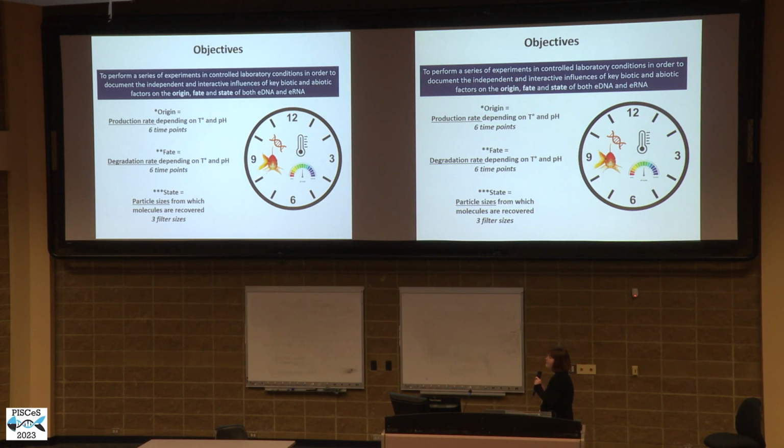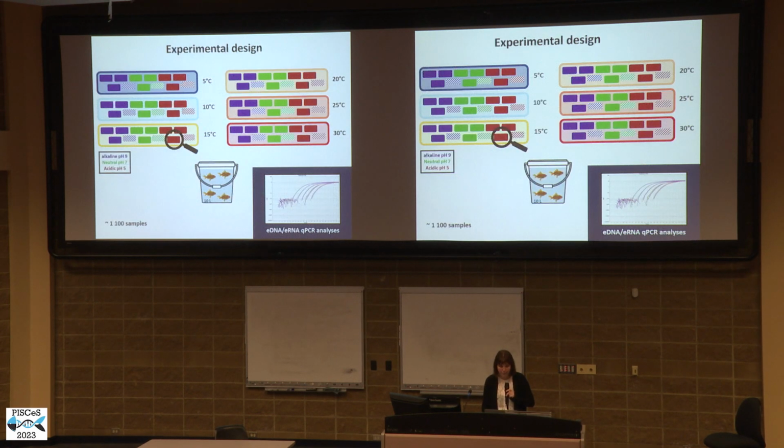For the fate, we were interested in following the degradation rate depending on the same abiotic factors, this time at 6 time points once the fish were removed. And for the state, we filtered the water on 3 different filter sizes in order to understand which kind of particle sizes we could recover.